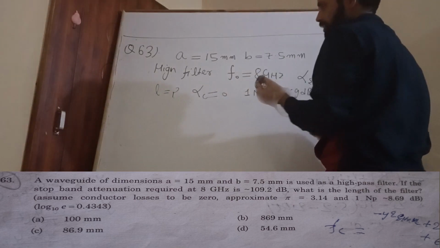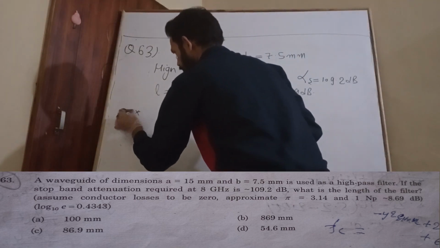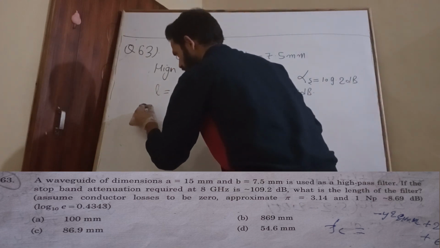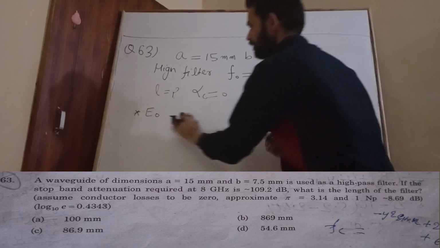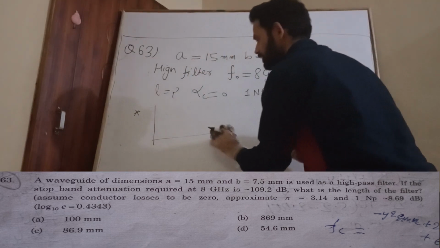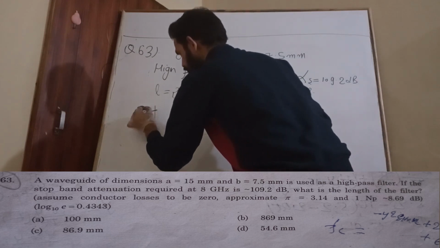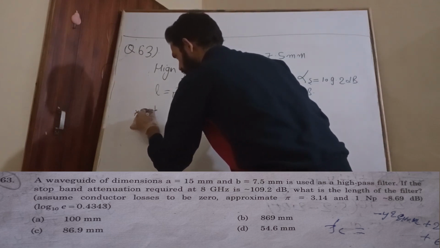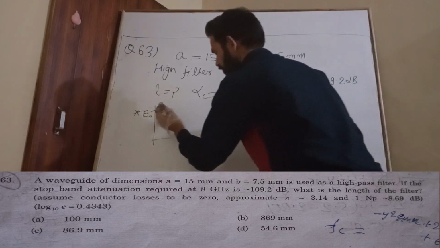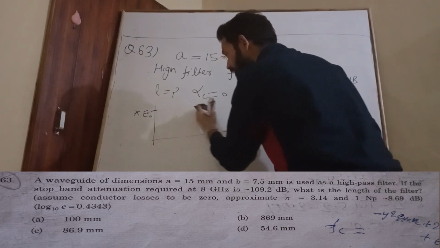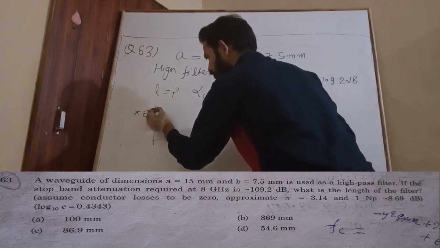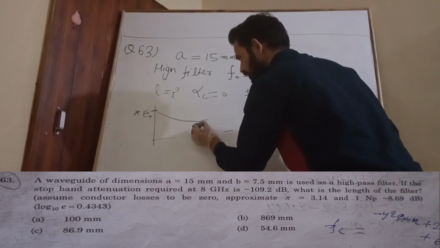Now see how we can calculate this. Initially, we assume that the signal at one end of this waveguide has value E naught. As the signal propagates through this waveguide, it will get gradually attenuated.